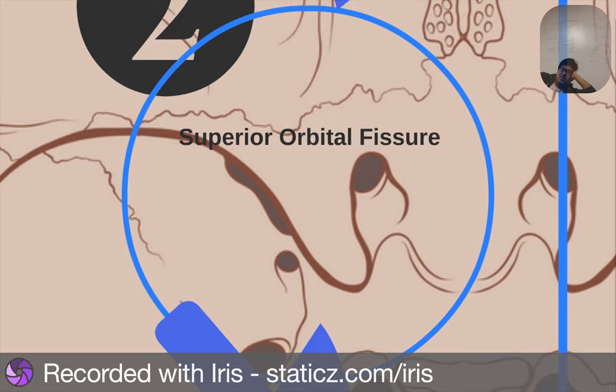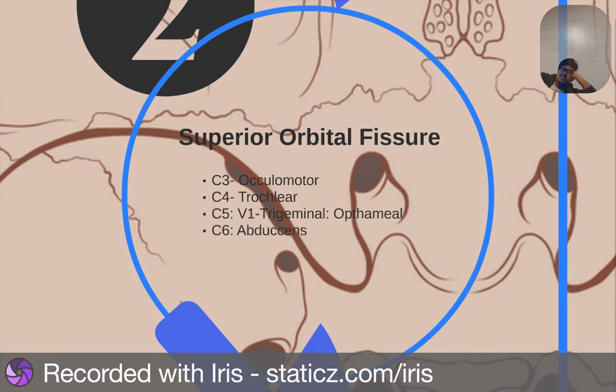There is cranial nerve 5, but the first branch of it, B1, which is the ophthalmic nerve. And then there is cranial nerve 6, which is the abducens.